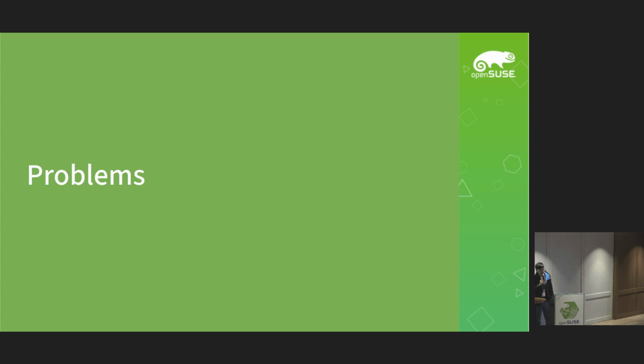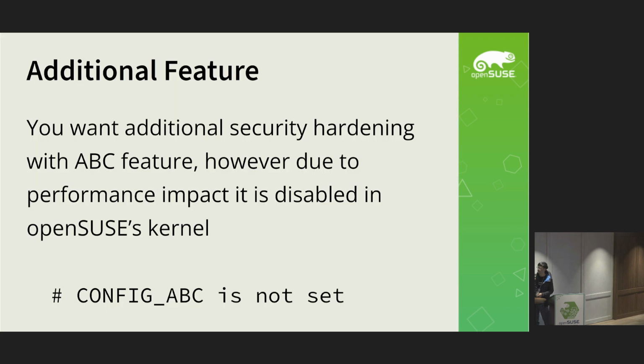So, problems. What kind of problems would you be facing when you think about customizing the Linux kernel? Here's an example. Maybe your company or your customer requires some security hardening on the Linux kernel. But for some reason, openSUSE does not enable that feature, and you want it enabled.